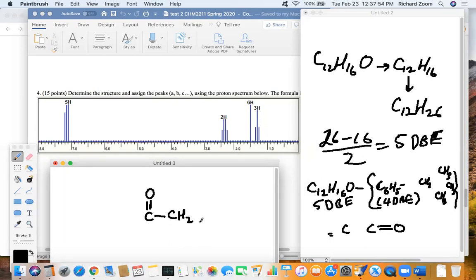So we've already taken account of the CH2, and then that CH2, because it's got 4 peaks, must be next to a CH3, which must be this CH3 over here because that's got 3 peaks, so it must be next to a CH2. So what's left over here is a C6H5, 2 CH3s, and an aromatic ring, and there's only one way you can put that together.